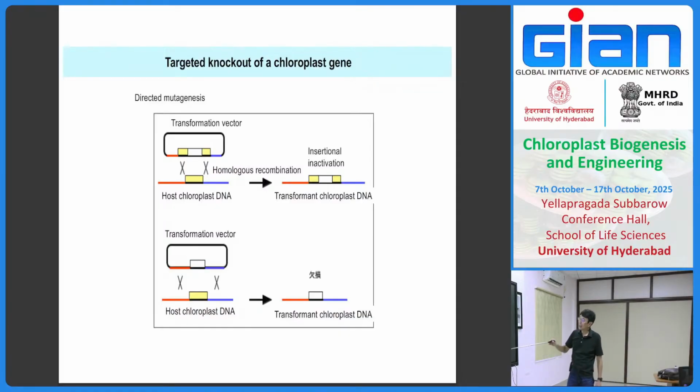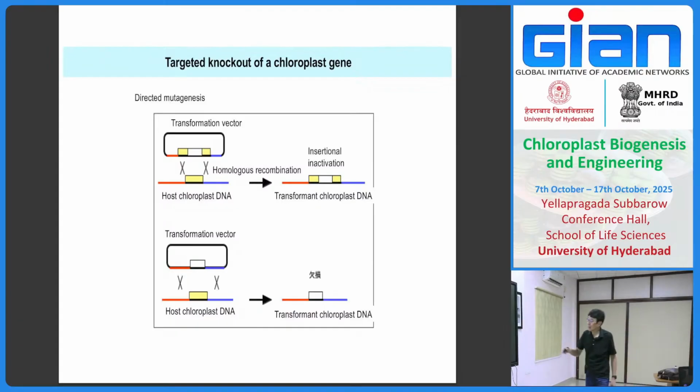Or, for the gene of your interest, you subclone the gene and then delete almost all or part of the gene coding region.